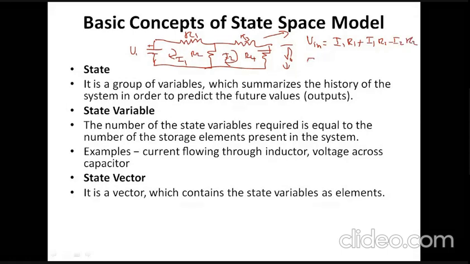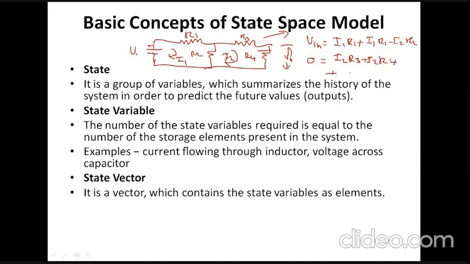Similarly, 0 is equal to I2 R3 plus I2 R4 plus the common resistance R2 into I2 minus R2 into I1.